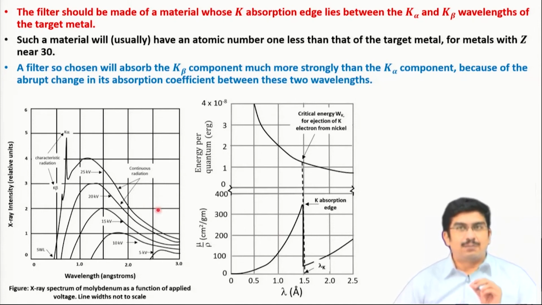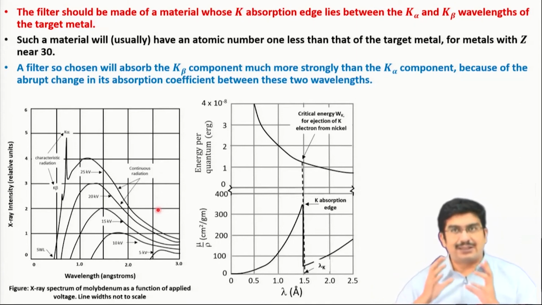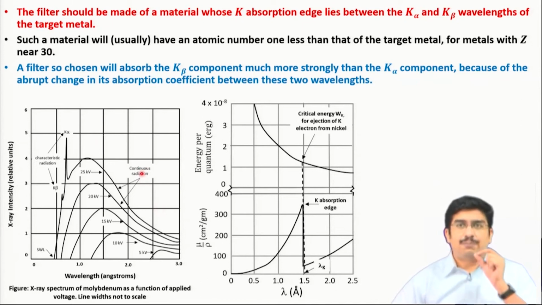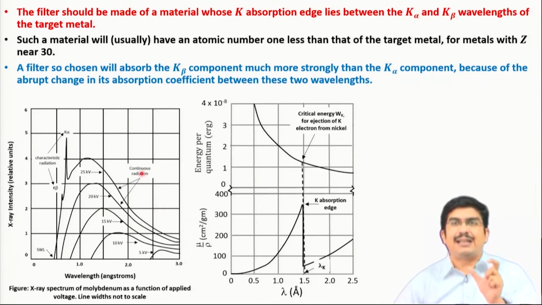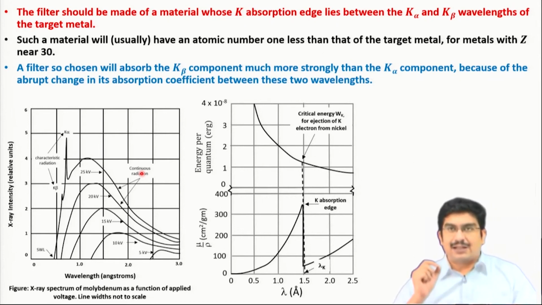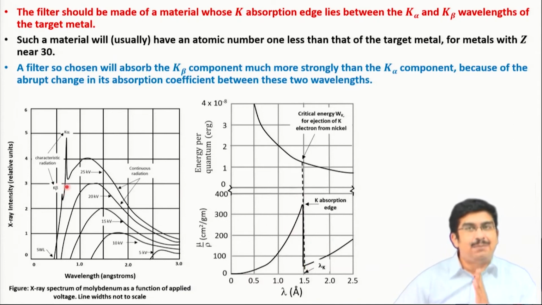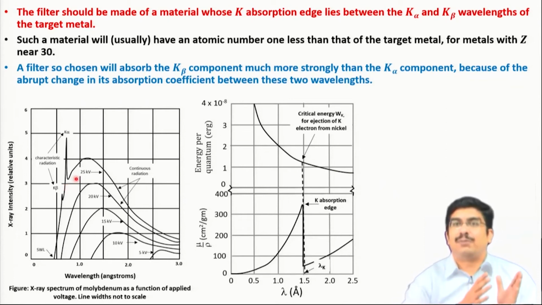So, we will put a filter. Imagine that an X-ray beam is coming out of the X-ray tube, and this has K alpha and K beta radiations mixed. Now, we put a material in the path of that incoming X-ray beam, and we choose the material in such a way that its K absorption edge lies between the K alpha and K beta characteristic radiation of the target metal.